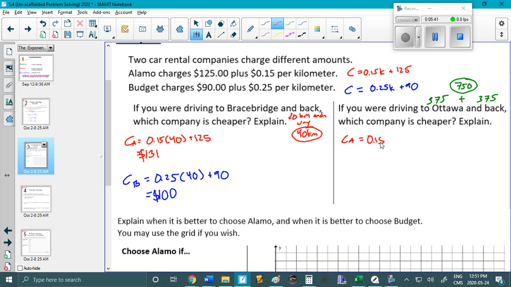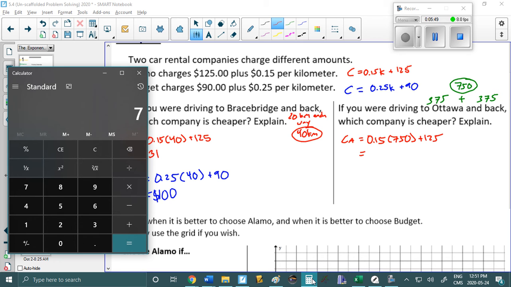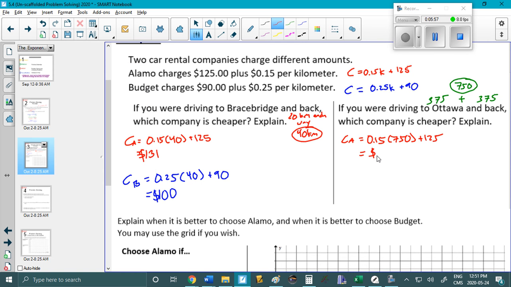Okay, so let's do the cost of Alamo. Is 0.15 times 750 plus 125. So 750 times 0.15 plus 125, 237.50. And the cost for Budget is going to be 25 cents times 750 plus 90.